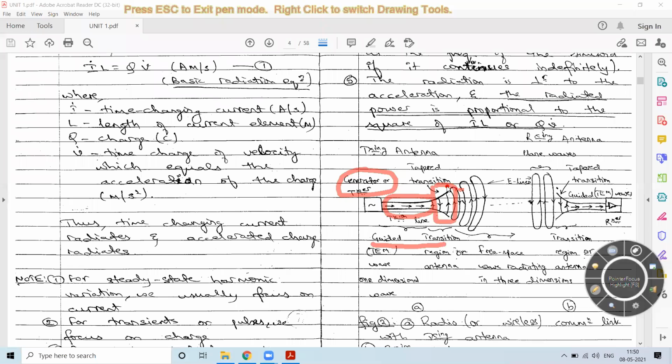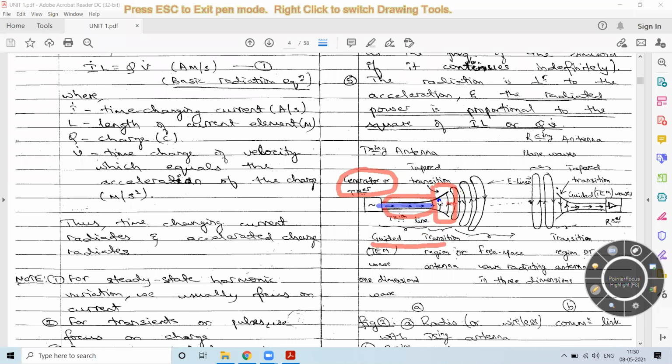Now here, whatever electromagnetic energy is present is being guided from this point till this point, that is, along the transmission line. And when it encounters the tapering end, the transition starts to happen.